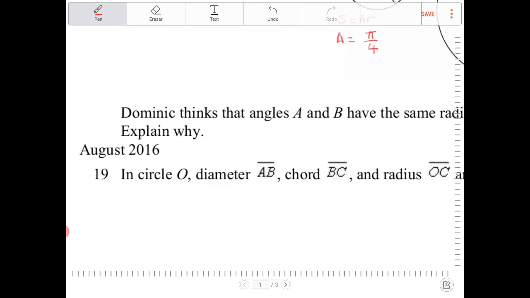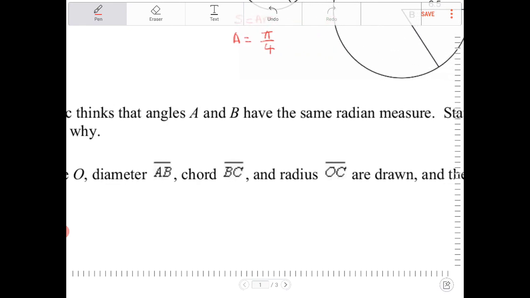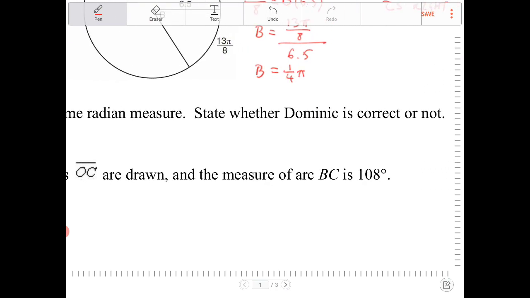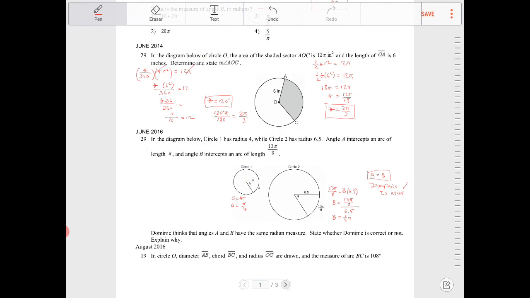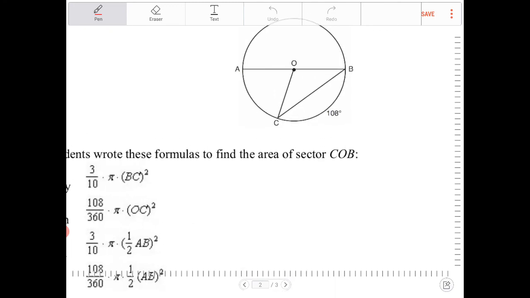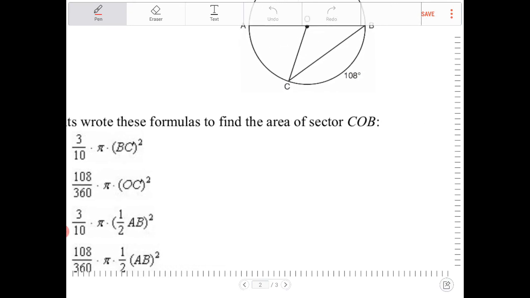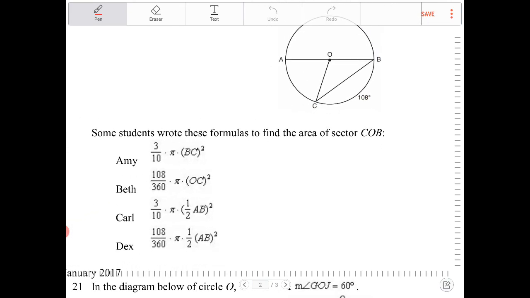Okay. In circle O, diameter AB, chord BC, and radius OC are drawn, and the measure of arc BC is 108. It's on the other page. So this is 108. Some students wrote these formulas to find the area of sector COB.